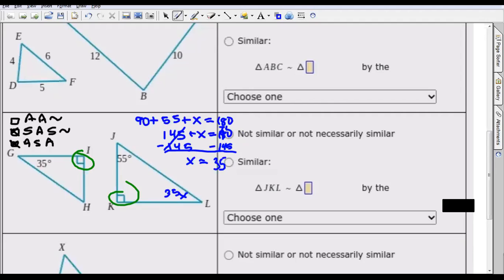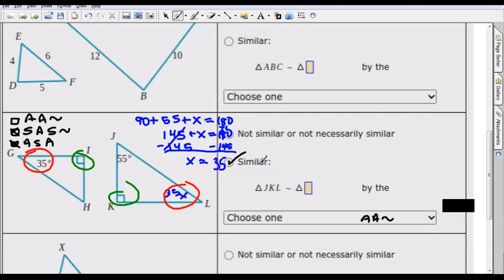Now, I can say that this angle is equal to this angle. So in this case, they are similar, and they're similar because of angle similarity. If you push in the arrow, it's going to give you the choices, and one of them will be angle similarity.